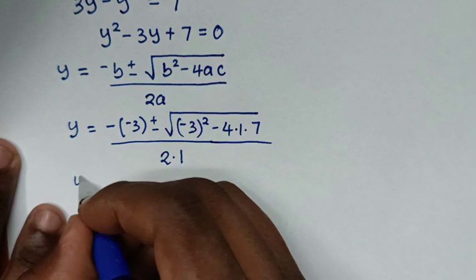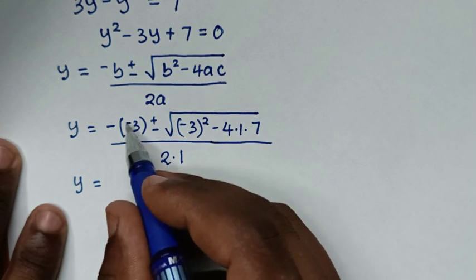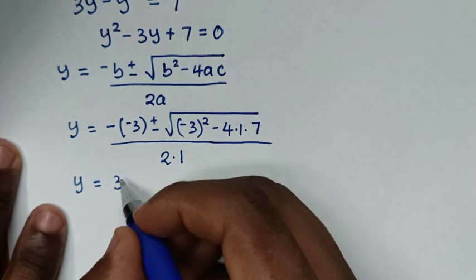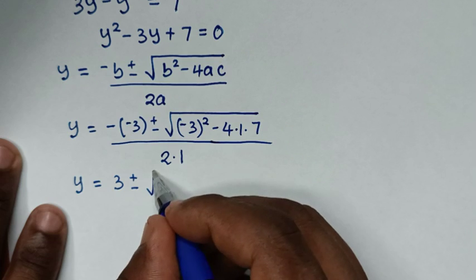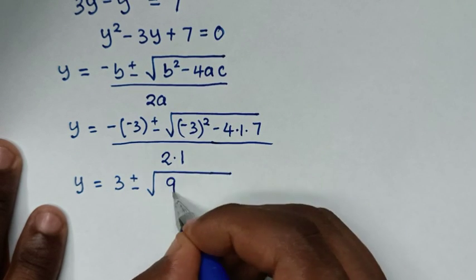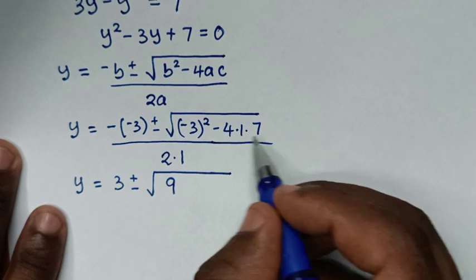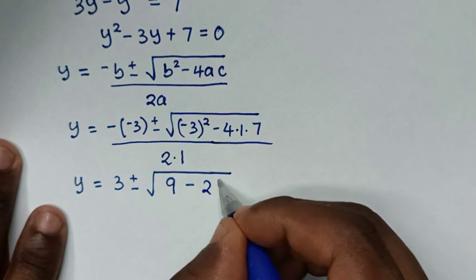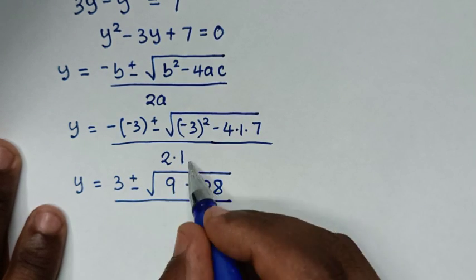Then y is equal to positive 3 plus or minus square root of negative 3 squared, which is 9, and negative 4 times 7 is negative 28, over 2.